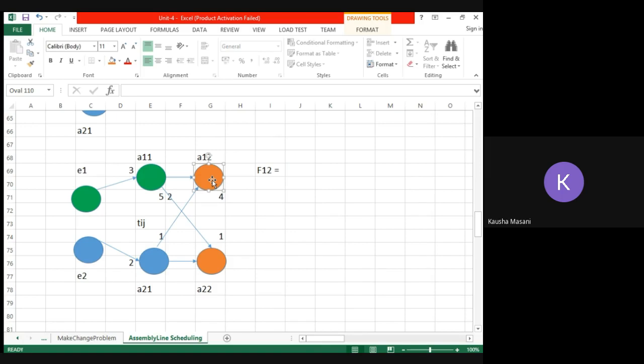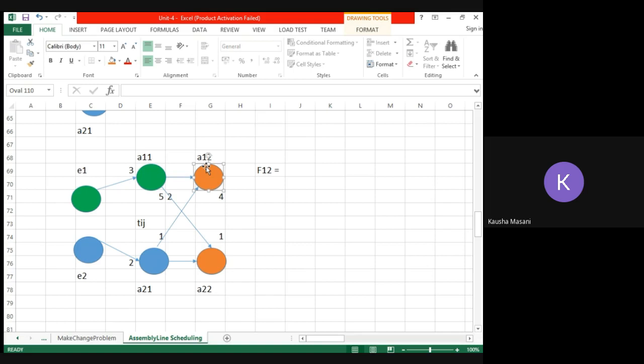To reach A12, I can maintain the same assembly line from E1 to A11, then A12, correct? Or I can come from E2, A21, then A12, right? Either I can come this way or I can come from line 2 towards line 1. So I have to consider the minimum of the two. From now onwards, we are going to consider the minimum values.